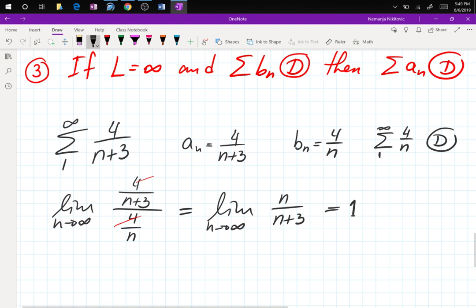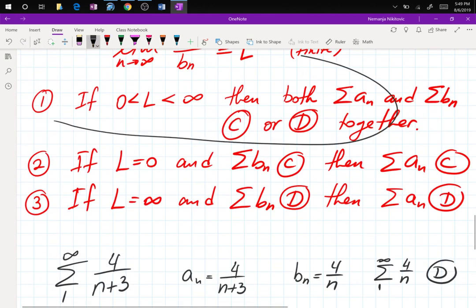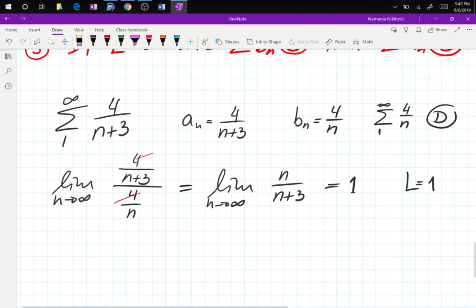Sometimes you'll have to use L'Hopital's rule to solve this. So now that we have that the limit is, well, that's like saying L is equal to 1. Guys, it's the first condition here. And we know that this one diverges. Right? So now we write the answer.